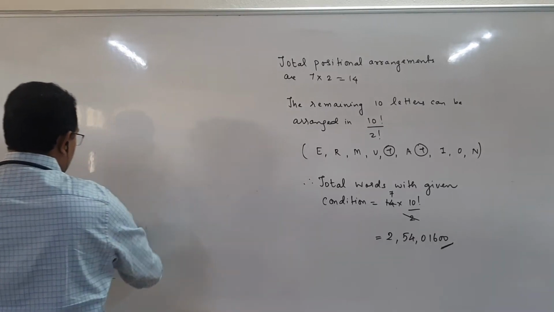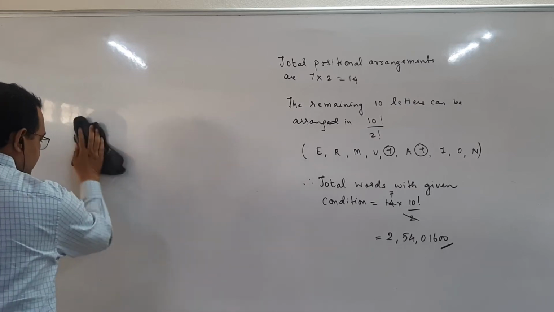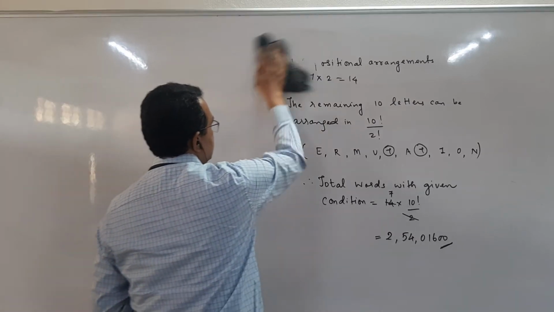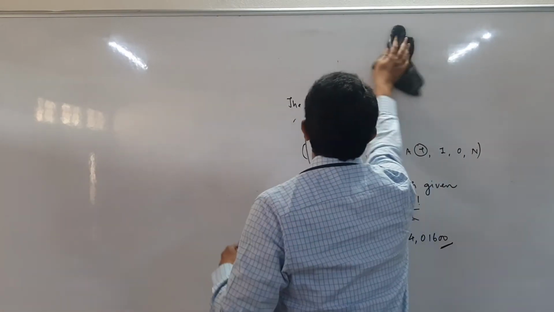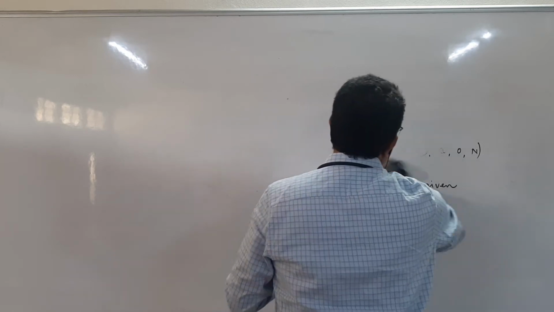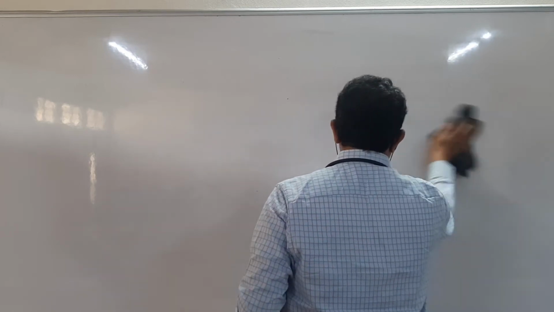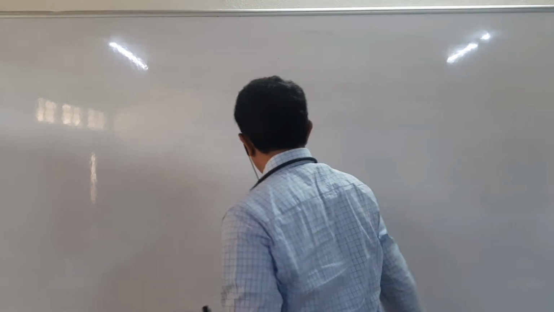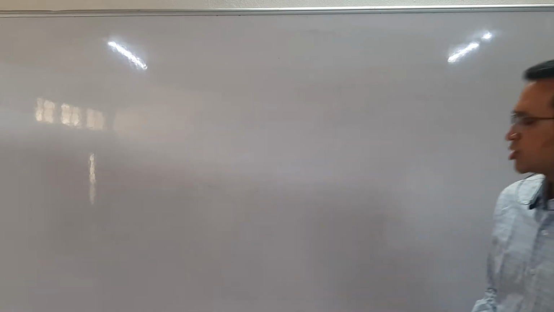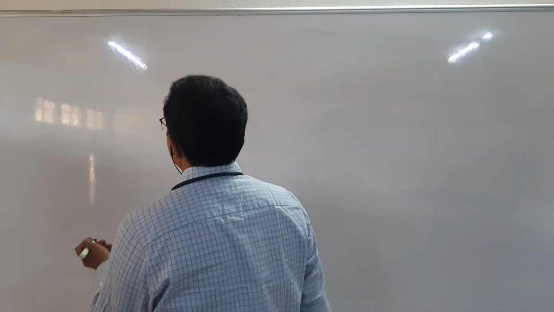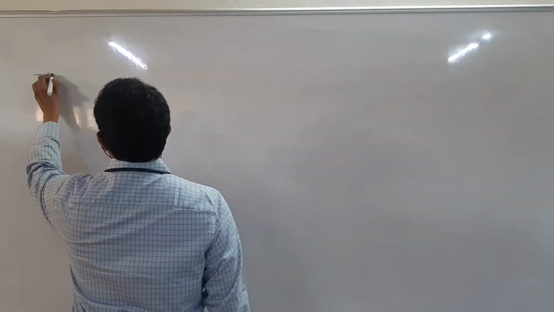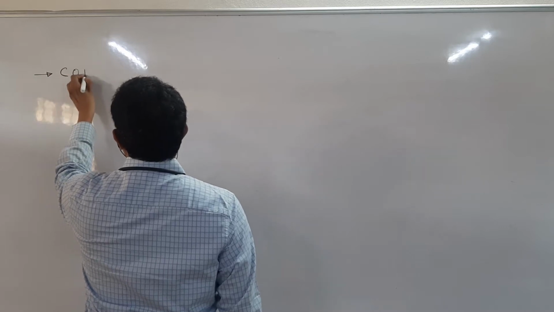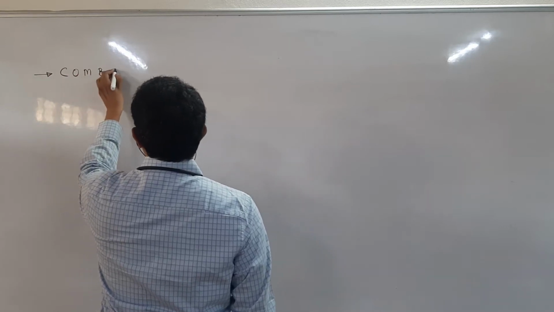Now, another fascinating concept of the chapter P and C. In short, we call this as P and C. The second half of the fascinating concept is combination, students. And trust me, this is one of the most interesting concepts studied in practice. Combination.